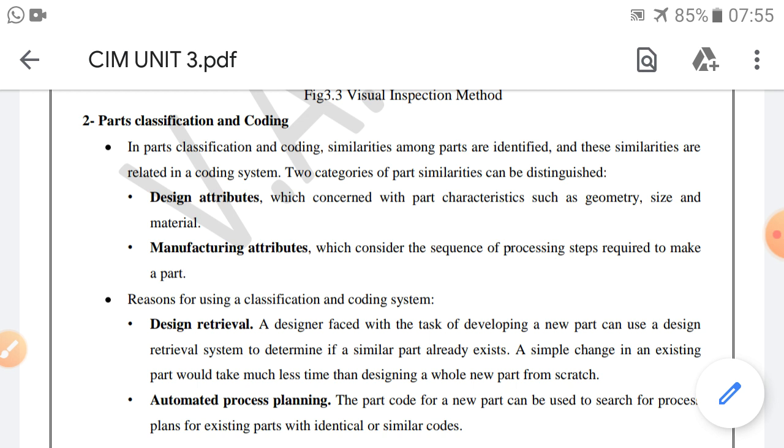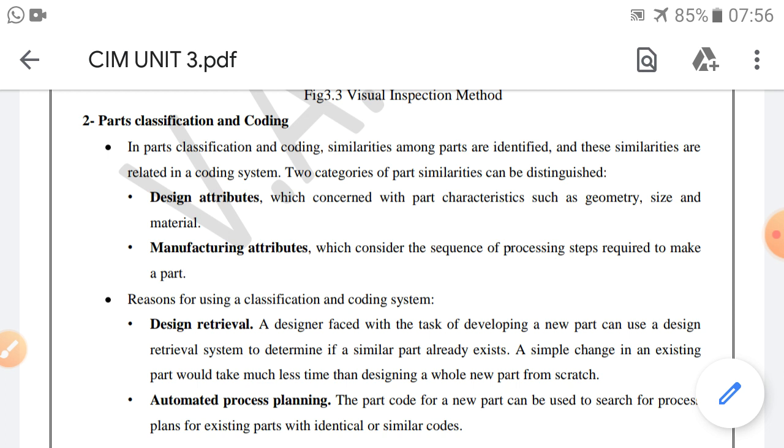Next comes manufacturing attributes. As we have already seen, in manufacturing attributes, what are the process steps, meaning the different manufacturing processes required. On the basis of that we have to make the parts and give the codings. Manufacturing means whether forging is required, whether fabrication, machining or casting is required.